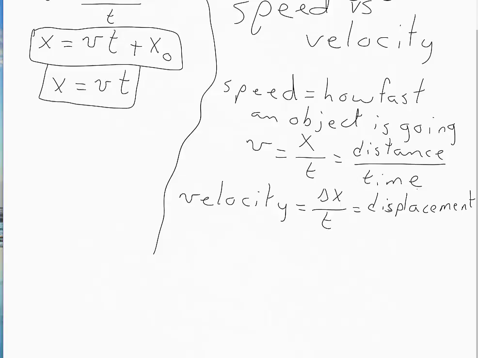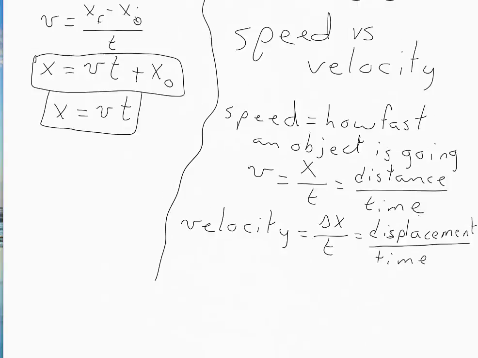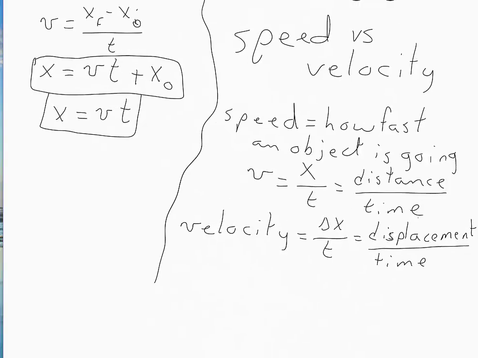So with velocity being displacement over time, this means that it is not only how fast you're going, but it also includes what direction you're going. So velocity is speed with a direction.